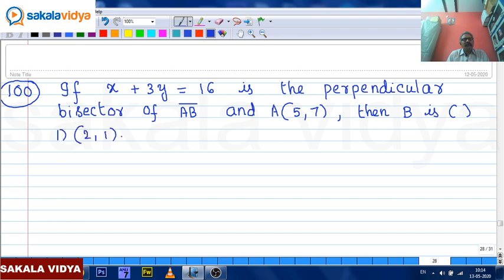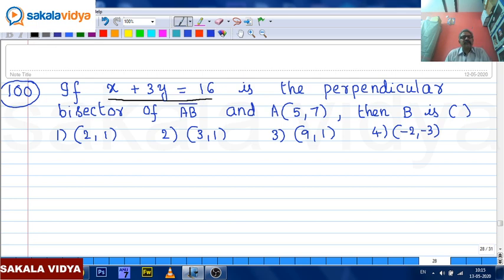First option 2 comma 1, second option is 3 comma 1, third option is 9 comma 1, fourth option is minus 2 comma minus 3. Okay. X plus 3y equals 16 is the perpendicular bisector of AB, A is 5 comma 7.